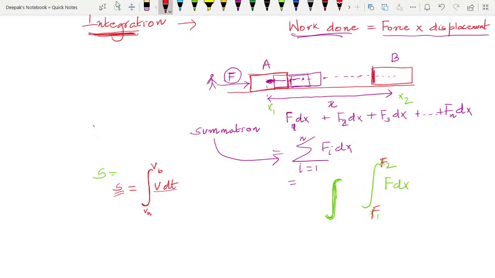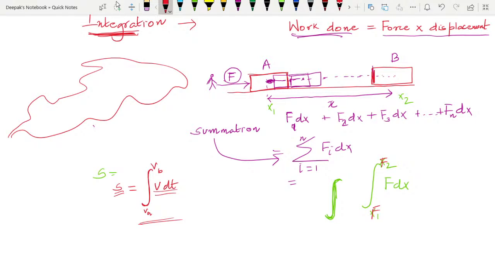Suppose there is an object moving and its velocity is changing continuously with time, and you want to find how much distance it has moved. So you can use this formula. You have to take a small value of v dt first and then integrate it from the smallest value va to the maximum value vb of velocity.